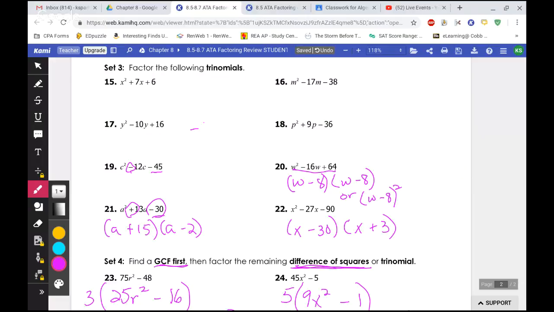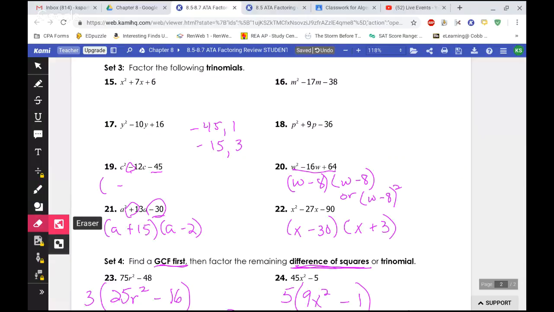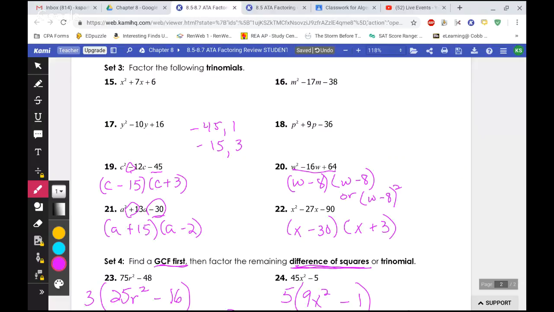So negative 45 and 1, that's negative 44. Negative 15 and 3. There we have it, because negative 15 plus a positive 3 gives me a negative 12. So my answer is, no, it's C. C minus 15, C plus 3.